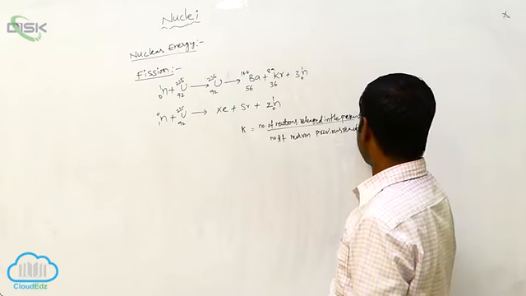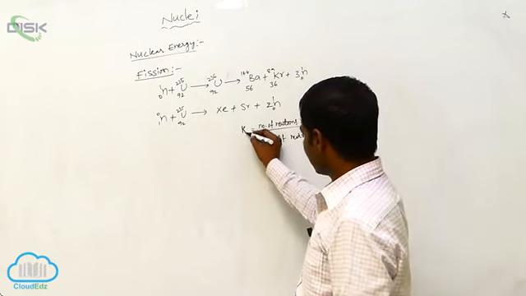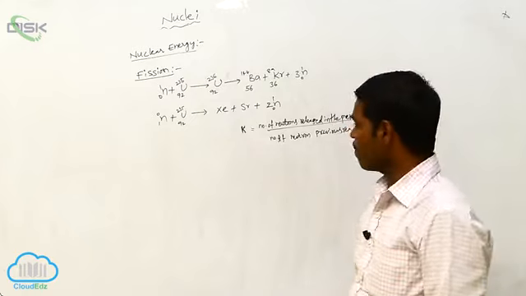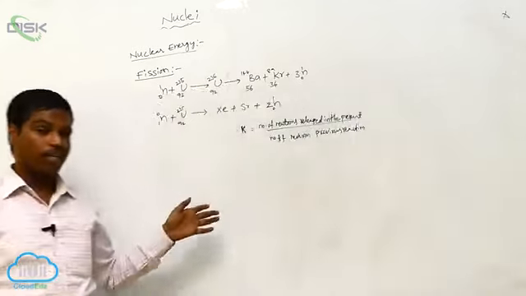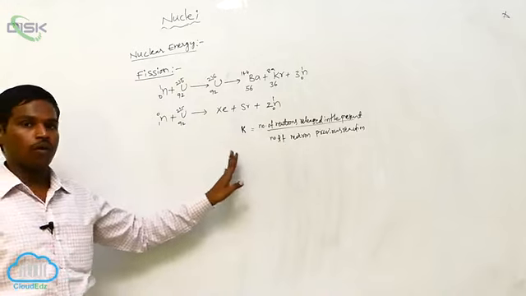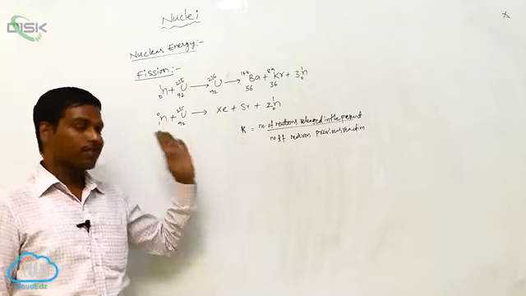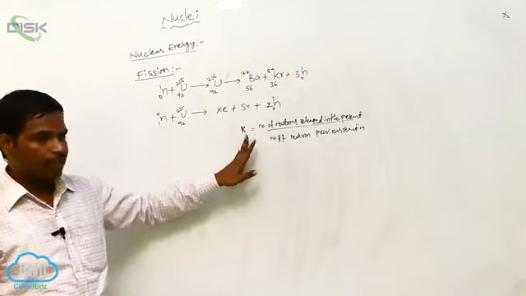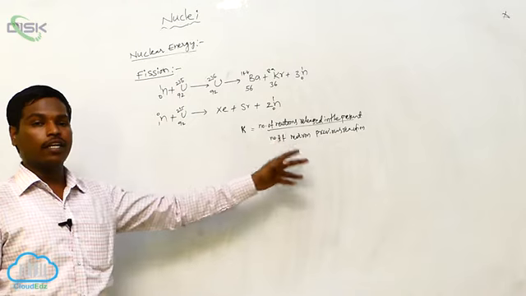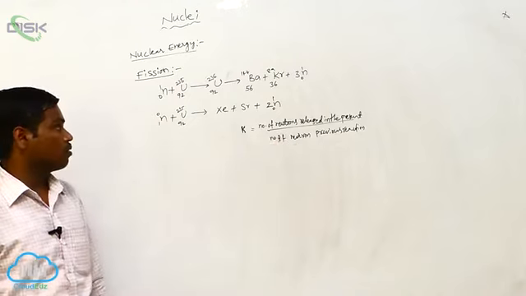This is called the chain reaction constant. If this chain reaction is controlled, then we can get sustainable energy, and if the chain reaction is uncontrolled, then it leads to an explosion.